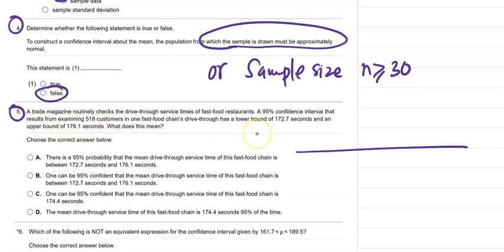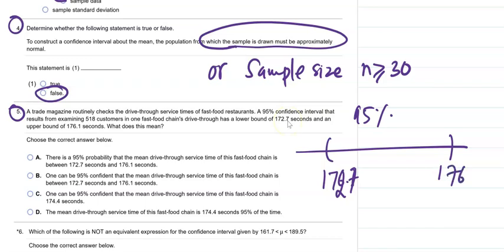So it looks like this: the 95% confidence interval is 172.7, that's the lower bound, and the upper bound is going to be 176.1. So this is the confidence interval for the population mean. This is the X bar.